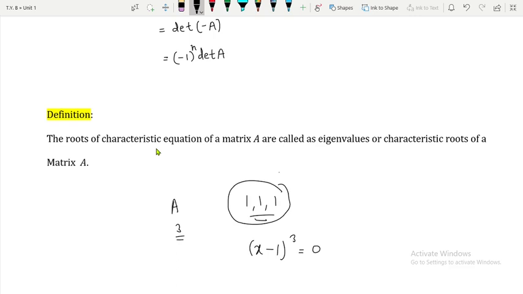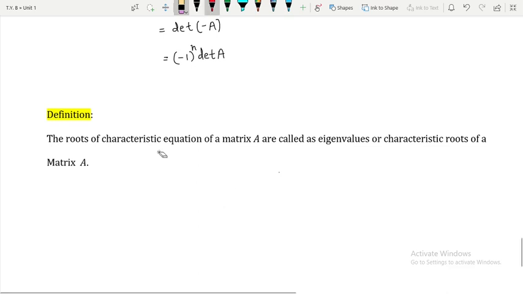So this 1 will be repeated 3 times, but yes, you can say that it has only one distinct eigenvalue. So whenever you have a matrix of order n, it is going to have n eigenvalues, may be repeated, may be distinct. Depending upon this, let us see a few problems.